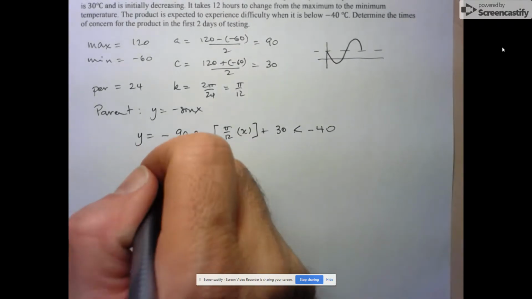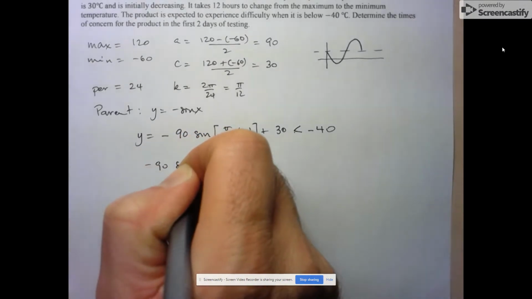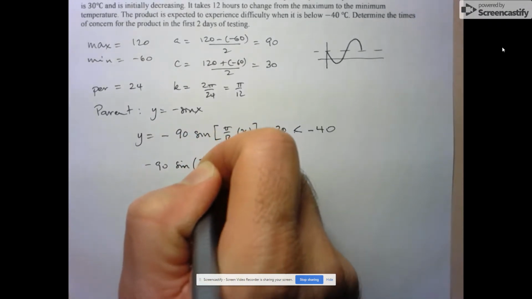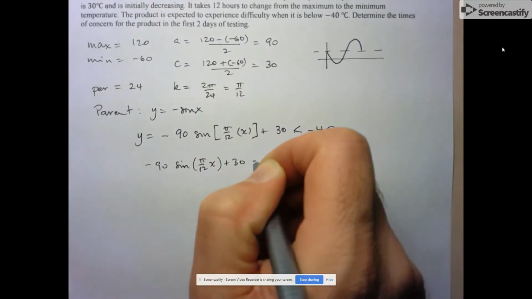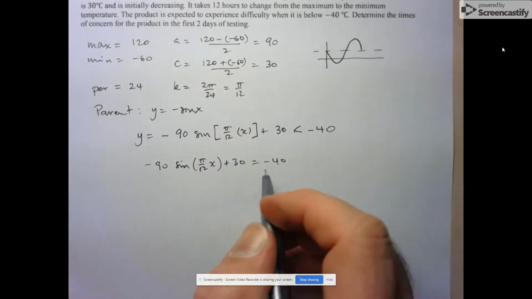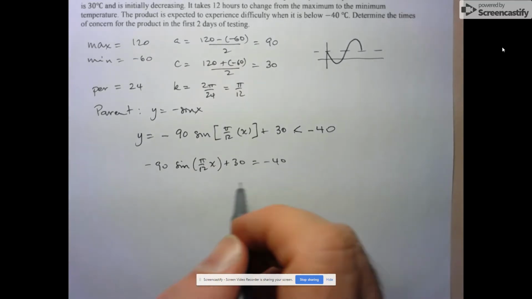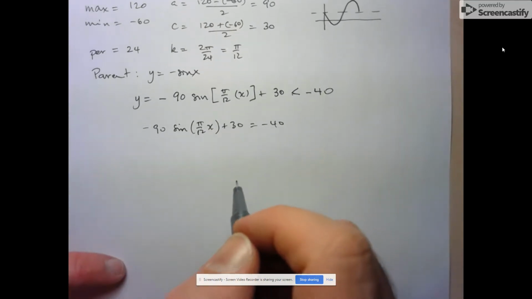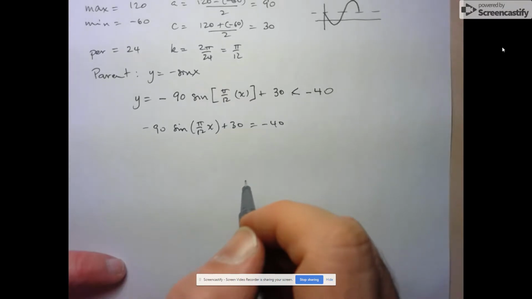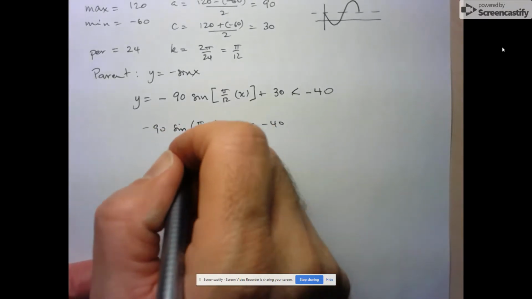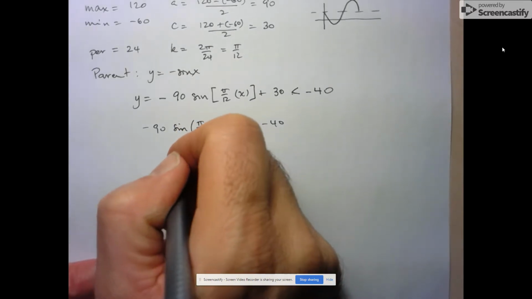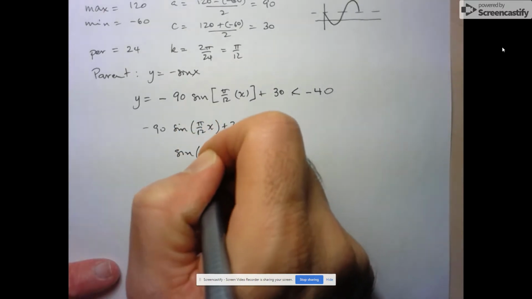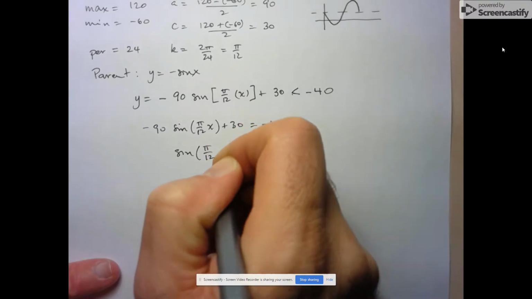So I'm going to start by solving negative 90 sine of pi over 12x plus 30 equals negative 40. So let's actually determine when it's equal to it, and then from there we'll be able to determine the intervals where it's below. All right, so step number 1. Now that we have an equation, step number 1 in our algorithm is to isolate the sine ratio.